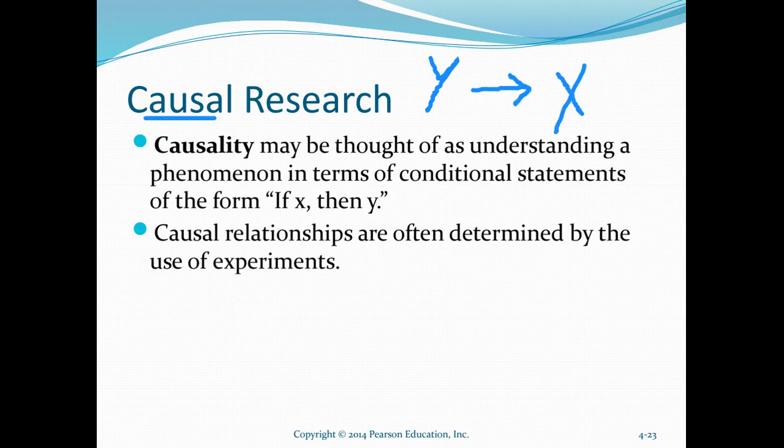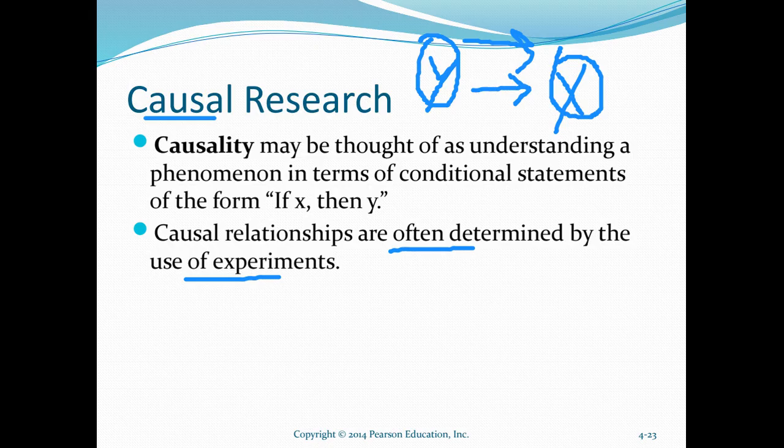Okay, so with one phenomenon we have an independent variable and another will be the dependent variable. So how does the independent variable affect the dependent variable, or does it affect it? There has to be a causal relationship, often determined by the use of experiments, especially in marketing research.